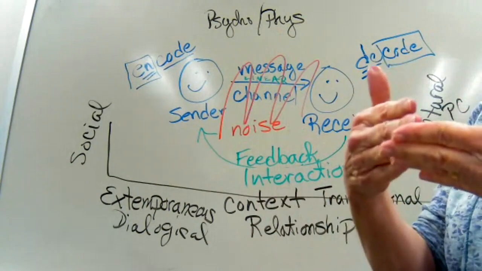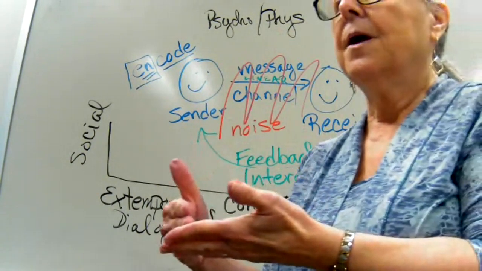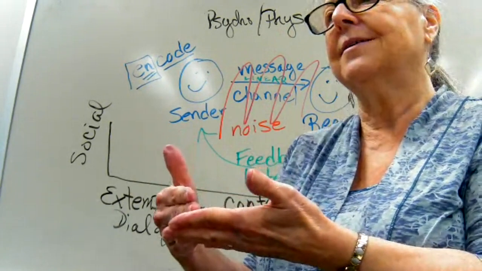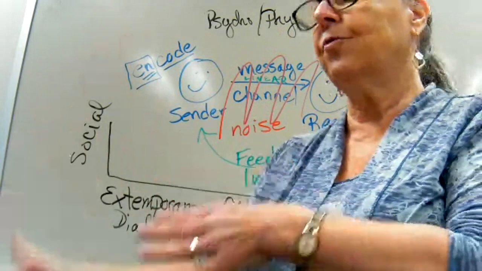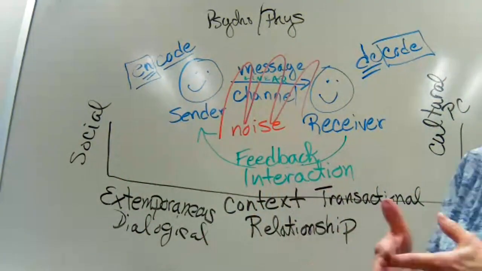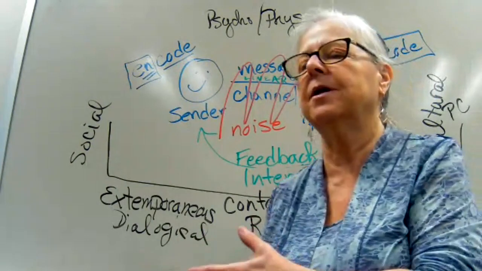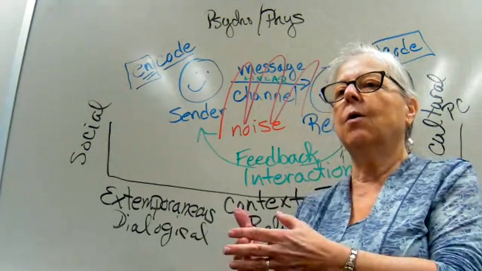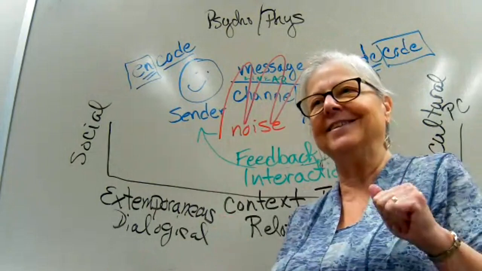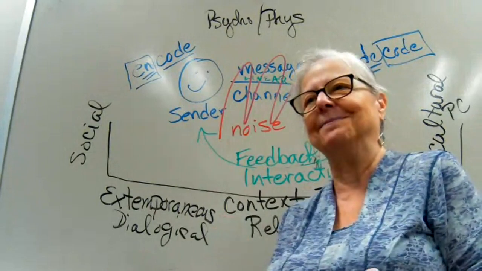So if you say bitch, there's different ways that you can say it. You might refer to your female dog, right? And that would be perfect according to the American Kennel Association. Or you might say, hey, bitch, come on over here, let's chat. We haven't talked in a long time.